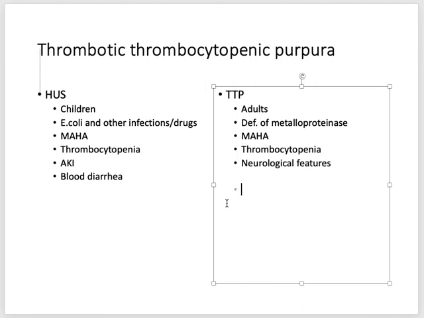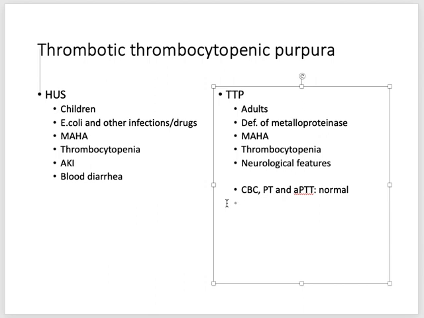What can we do to diagnose these patients? CBC we will do. In this one we will get decreased platelets, for example. We will do PT and APTT. They will be normal, of course, because the coagulation factors are normal. There will be no abnormality in that.